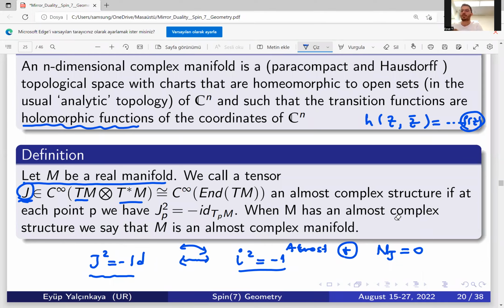So an almost complex structure is a little bit softer than the complex structure, a little bit of a distortion of the complex manifold structure. To be a complex manifold, at first you have to have an almost complex structure, and the Nijenhuis tensor has to be equal to 0.